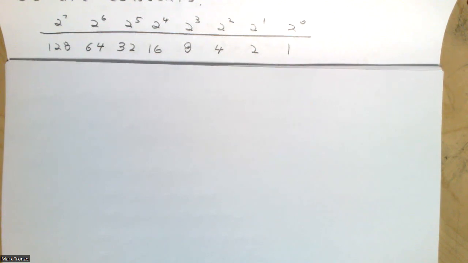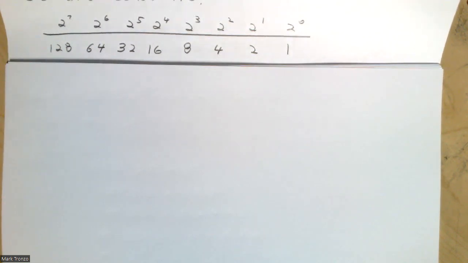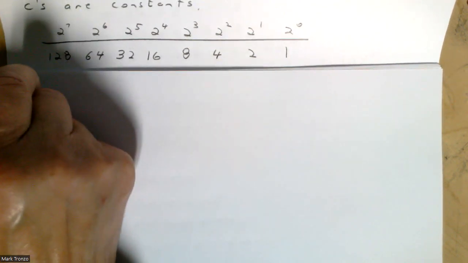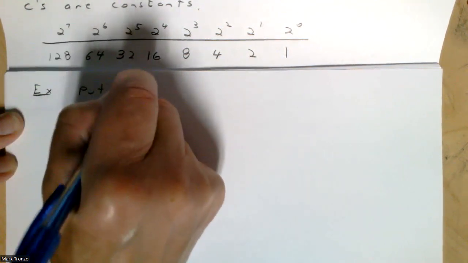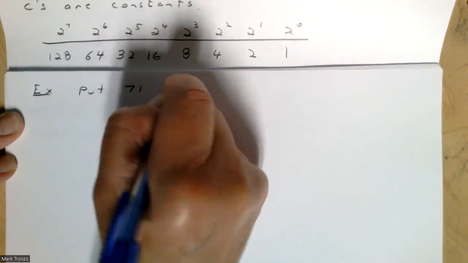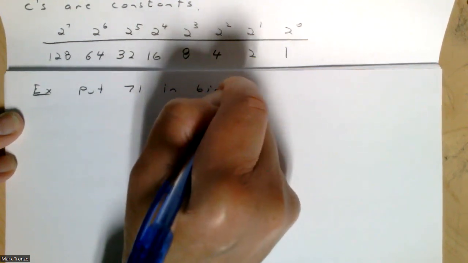Let me just do a couple more examples real quickly. Once again, let me keep the numbers right here. Put 71, a decimal number, in binary form.